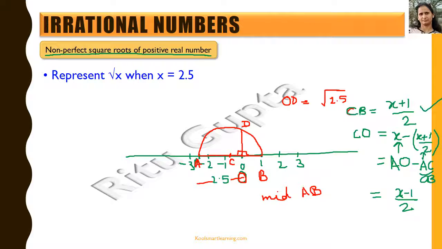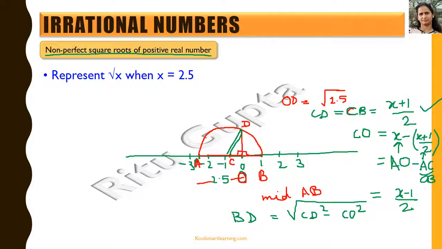Another thing we know is that CD is also the radius of the semicircle, so it is equal to CB. So CD is also (x plus 1) by 2. So now we can say OD is equal to the square root of CD square minus CO square. We are again using the Pythagoras theorem.